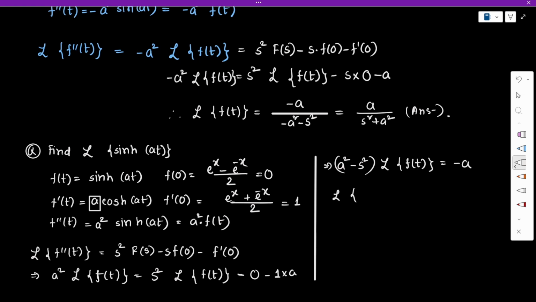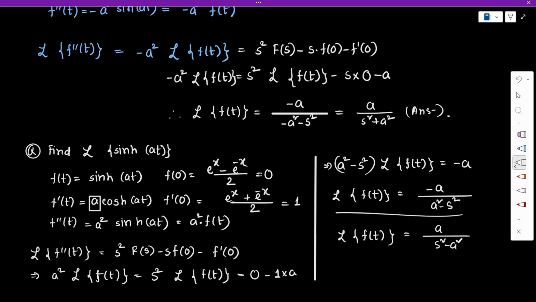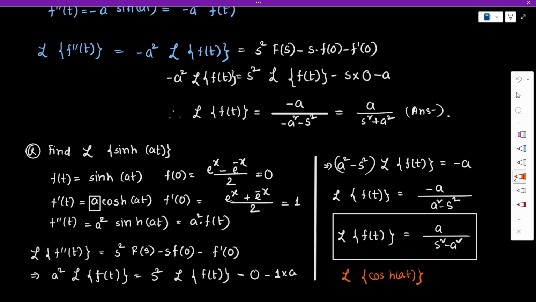So we can easily say that the Laplace transform of f(t) is equal to negative a divided by a squared minus s squared. So we can say that a divided by s squared minus a squared is the Laplace transform of sine hyperbolic at. Okay, so in the same way you can easily find the Laplace transform of cos hyperbolic at, and that is up to you.